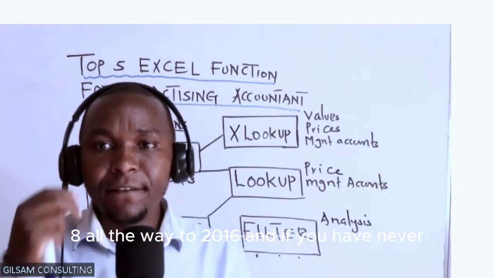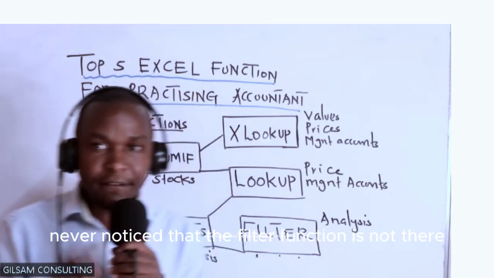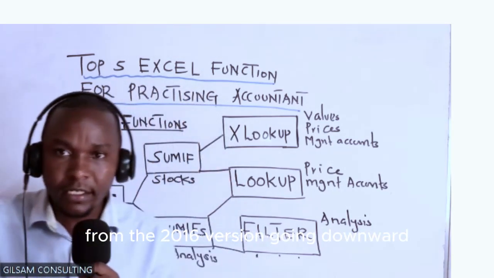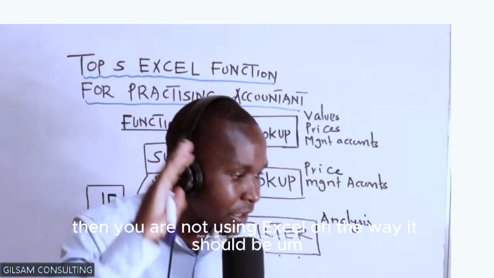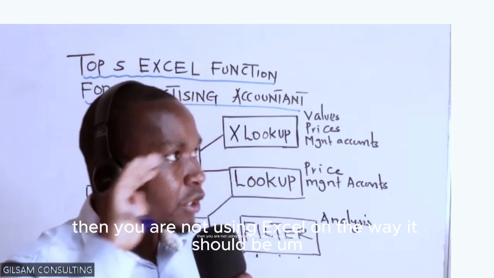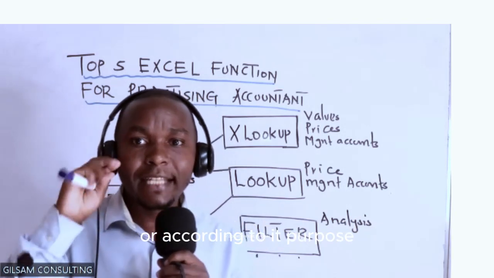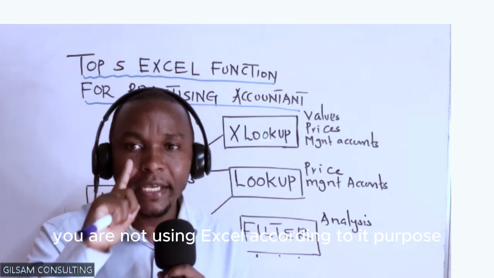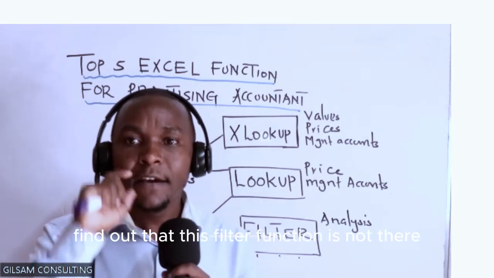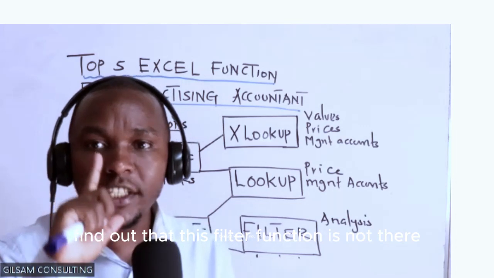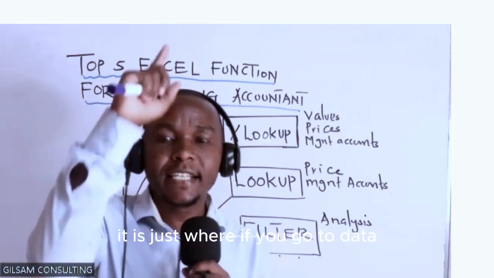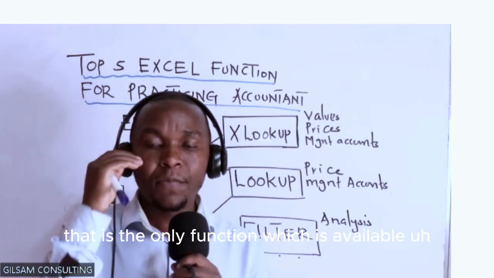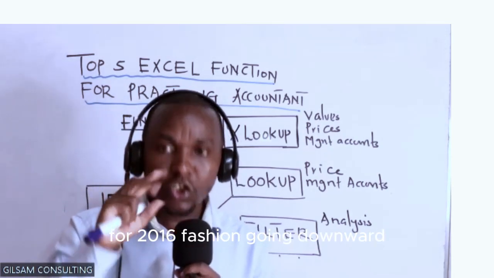And if you have never noticed that the filter function is not there from the 2016 version going downward, then you are not using Excel according to its purpose. It is just where if you go to Data and click filter, that is the only option available for 2016 versions going downward.